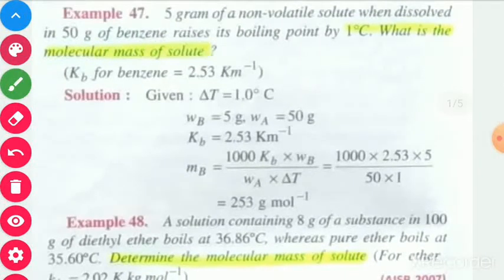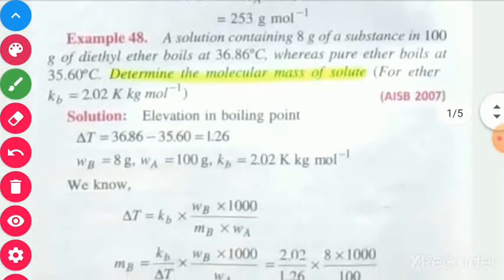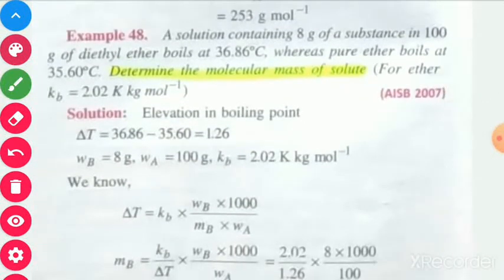So on solving it will be equal to 253 gram per mole. So the molar mass of solute is 253 gram per mole.